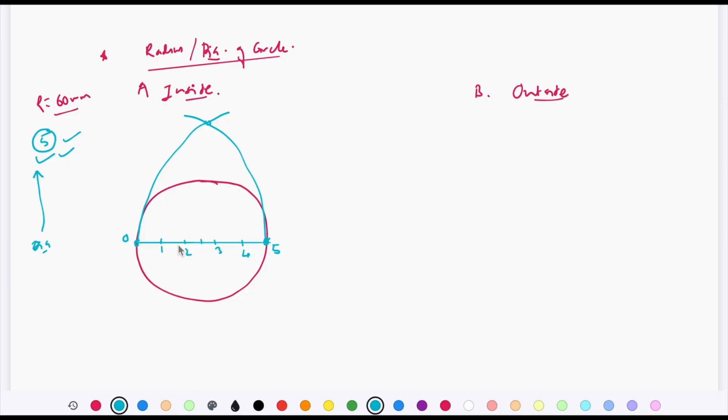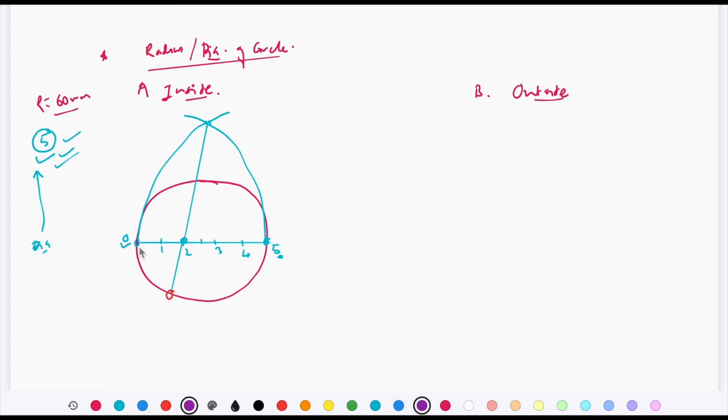This nomenclature always starts with 0, and the other end of the diameter must be the number indicating the number of sides of the polygon. Okay, so 0, 5. The second division, connect it with this intersection point and extend this line further till it intersects the circle on the other side.